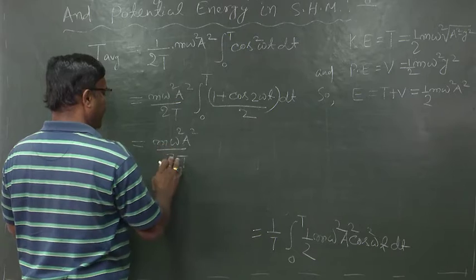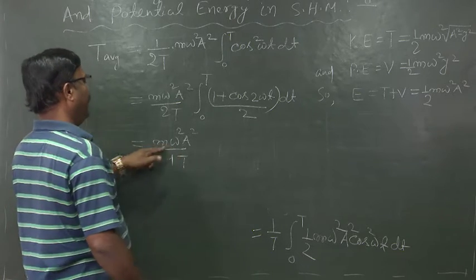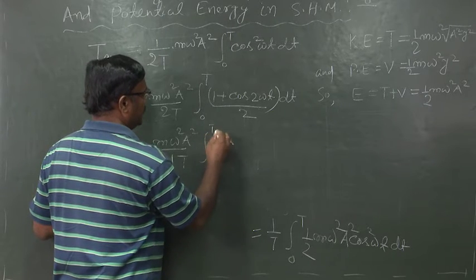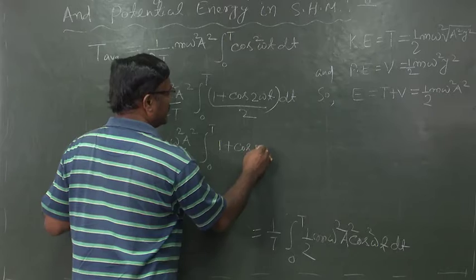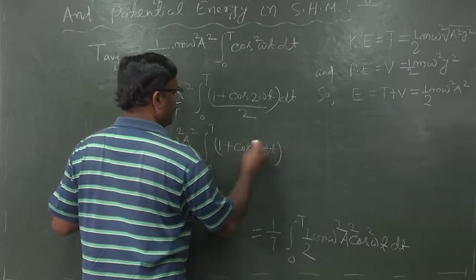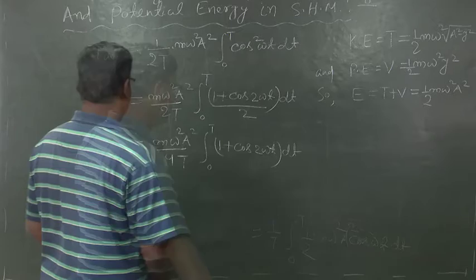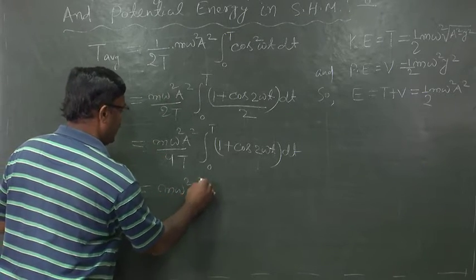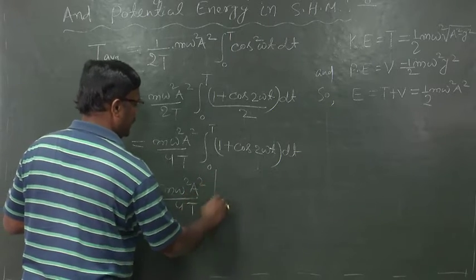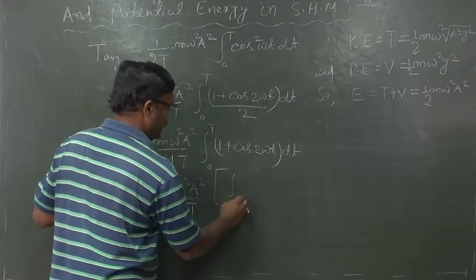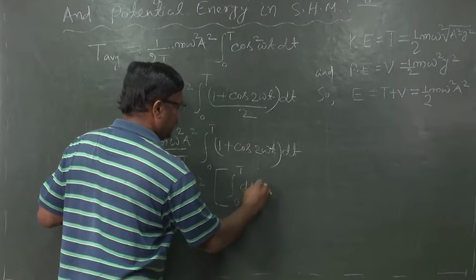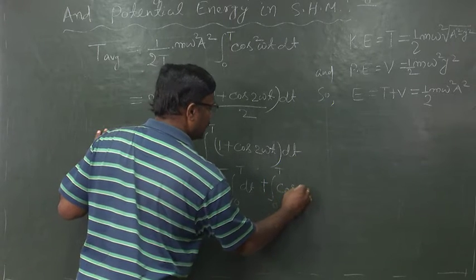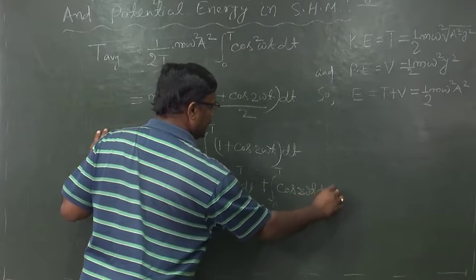So, this 2 can be taken outside and this can be written as m omega square a square by 4T, and within integration from 0 to T 1 plus cos 2 omega t dt, which is equal to m omega square a square by 4T, within bracket integration from 0 to T dt plus integration from 0 to T cos 2 omega t dt.